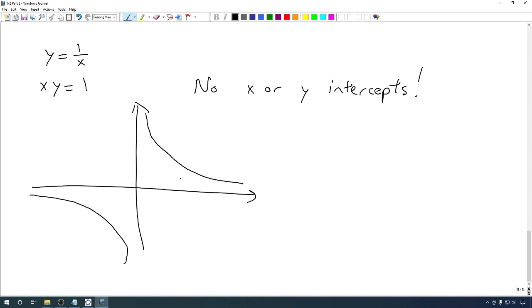We cannot touch either of the axes. The axes become what we call asymptotes. And we'll talk more about what those mean as we move forward. Might even be talking about those at the end of this particular chapter. But we'll definitely talk about them at some point.